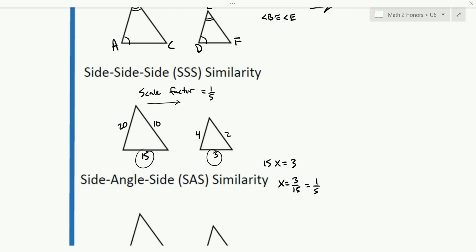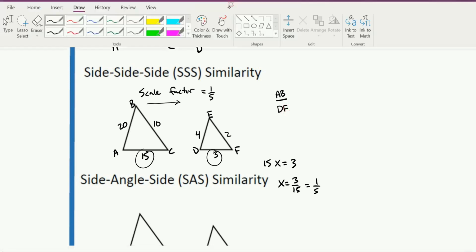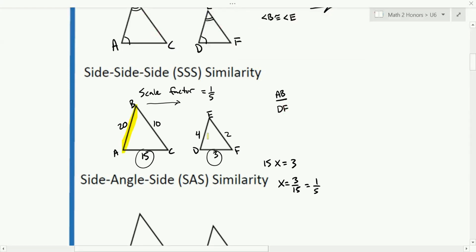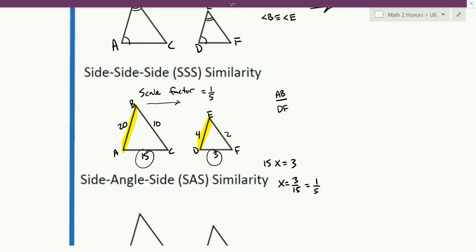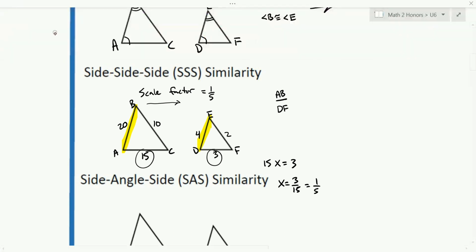So to show side, side, side, here's all we would have to do. Let's say A, B, C, D, E, F. We'd have to say, okay, well, AB divided by DF, the two sides that we think correspond, this side divided by this side, whatever that reduces to, has to be proportional to the other sides as well.